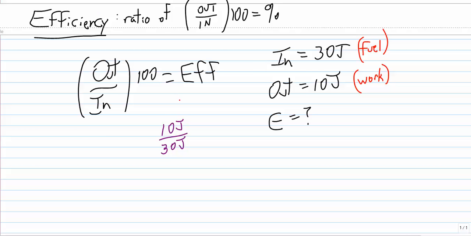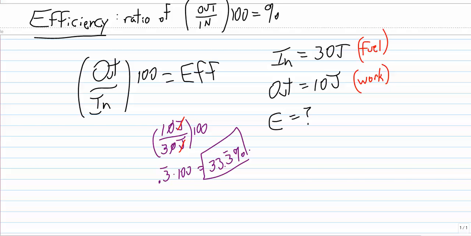So joules are going to cancel. And then we're going to multiply that by 100. So just doing this, 10 divided by 30, what is that? Well, we can cancel out the zeros here. 1 divided by 3 is 1/3, so that's 0.3 repeating. Times 100, that is a 33.3% efficient machine.